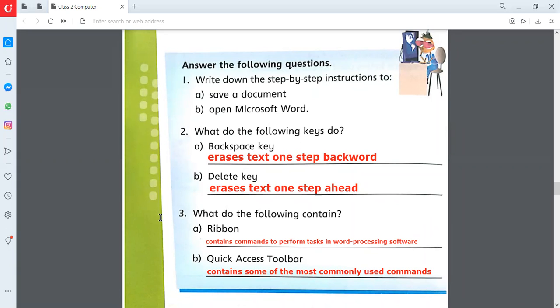Those students who are done with questions 2 and 3 can open the worksheet from the class light. The worksheet is available, and then we are going to start the worksheet.